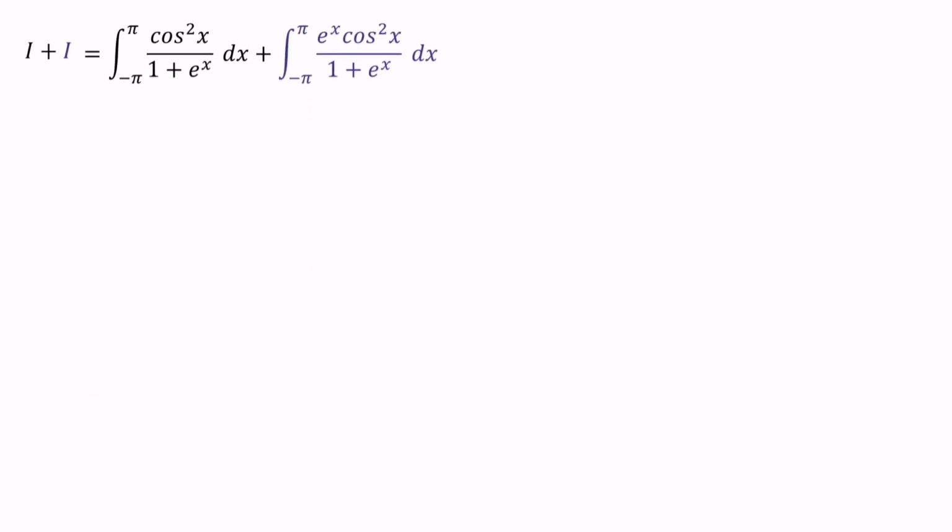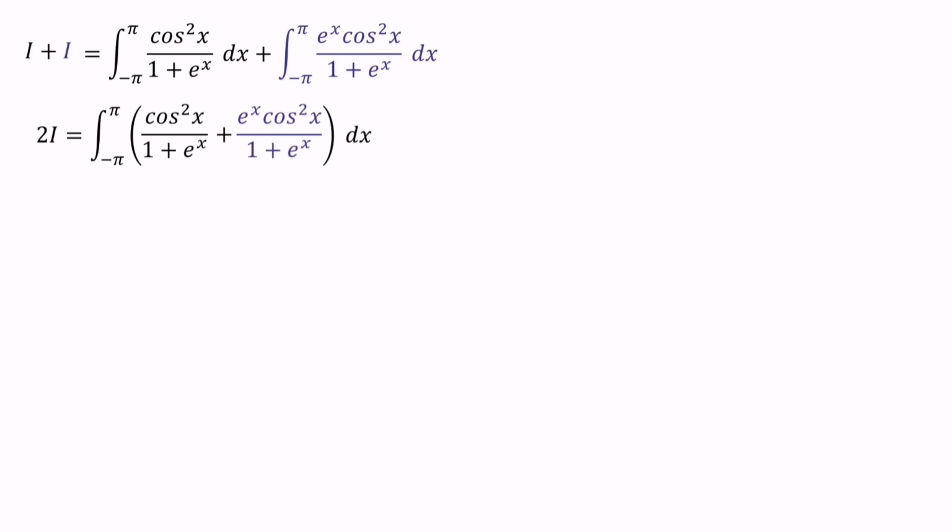Let's take a common integral. 1 plus e to the power of x is a common denominator. So we can write cos squared x plus e to the power of x cos squared x over 1 plus e to the power of x.